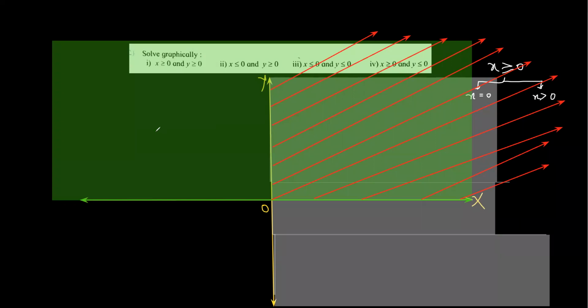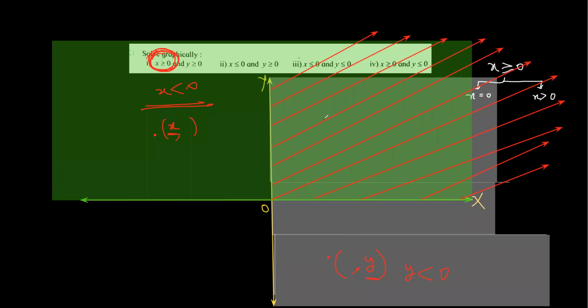See, if I take a point here, what is the problem with this point? For this point, x is less than 0, which is not the condition. The condition is x should be greater than 0. If I take a point here, x is proper, but y becomes less than 0. I don't want y less than 0.